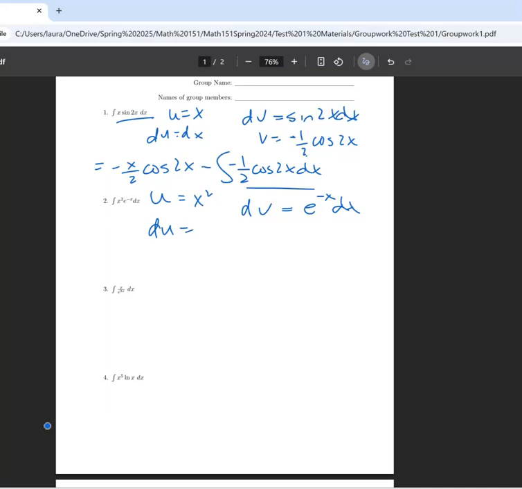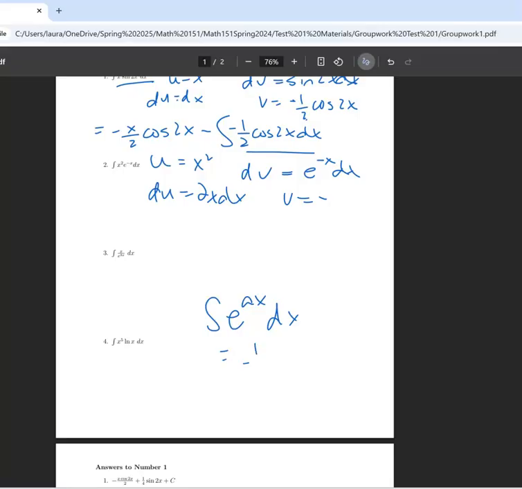So du is 2x dx, v is negative, because you know it's like the La Jolla theorem, right? Integral of e to the ax dx is 1 over a e to the ax. So the a is negative 1, so I just get 1 over negative 1. So this is so powerful to not have to do the u substitution every time you do this.